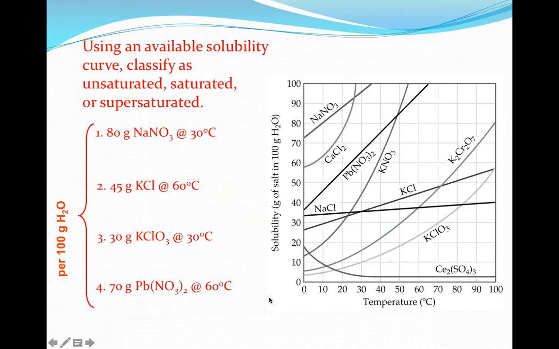Okay, so let's use this solubility curve to classify these values as unsaturated, saturated, or supersaturated. So let's look at 80 grams of sodium nitrate at 30 degrees Celsius. So first, let's find the sodium nitrate line. That is right here. It's kind of this diagonal line right there. All right, so I'm going to find 80 grams at 30 degrees Celsius.